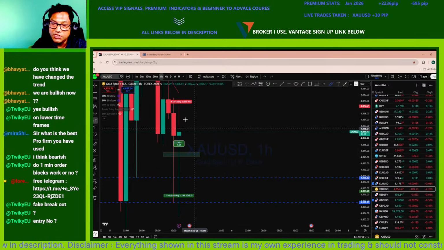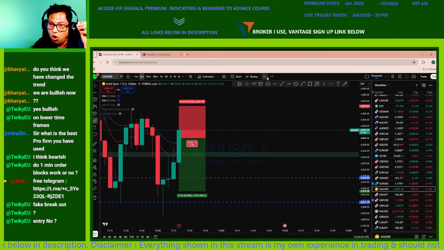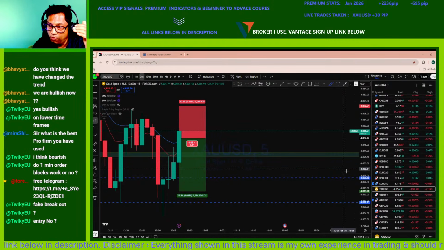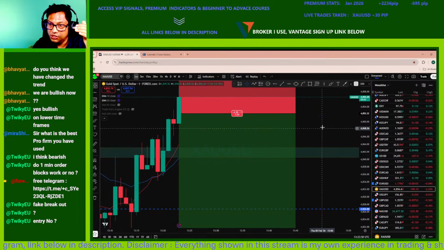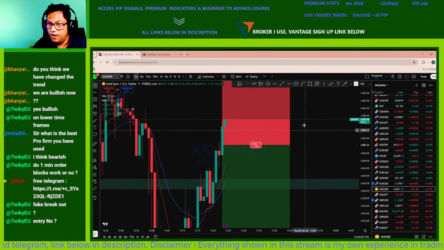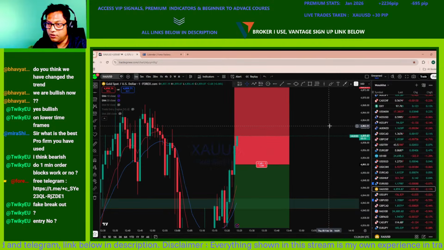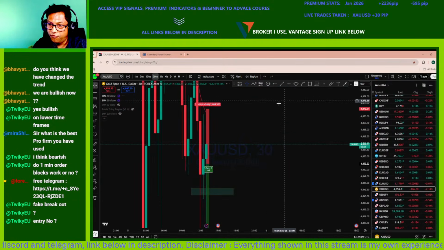So we are looking to see the market drop further down for a deeper pullback, and that's why we will be exiting the trade on this move back here, and it might go a little deeper here, and that's why the stop loss is a little longer.